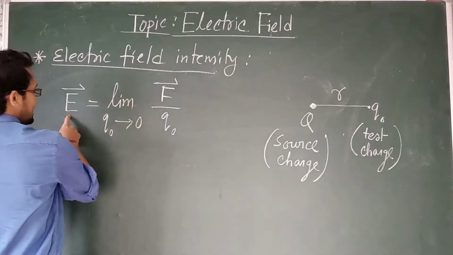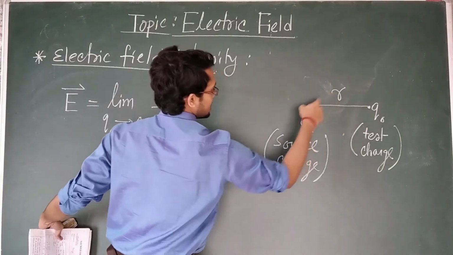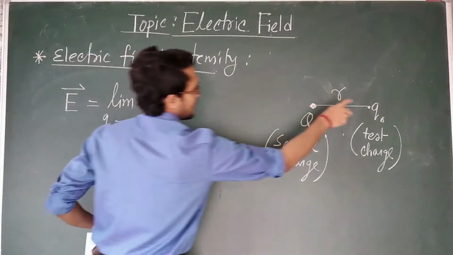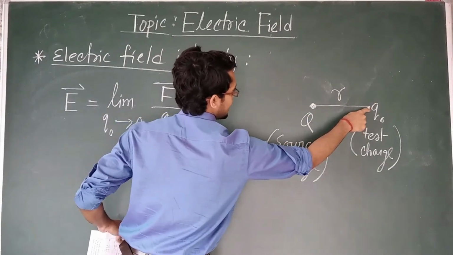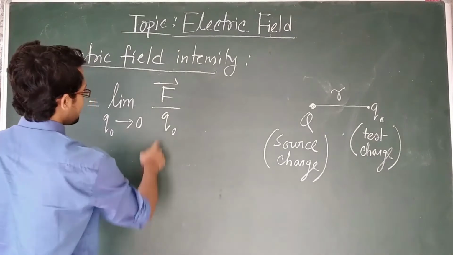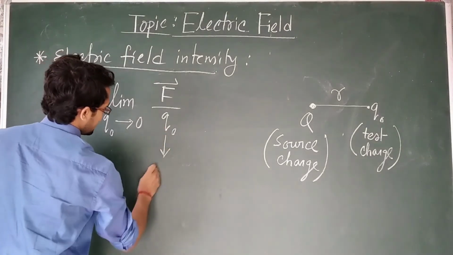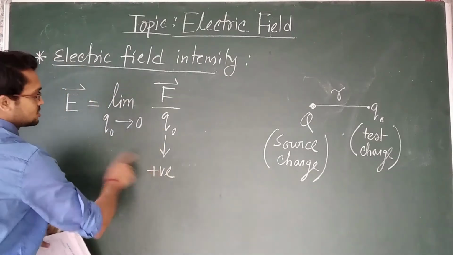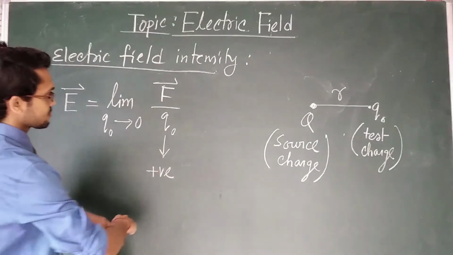So the electric field at a distance r from this charge is equal to the electric force at this point on a unit positive charge. Q0 is always positive.